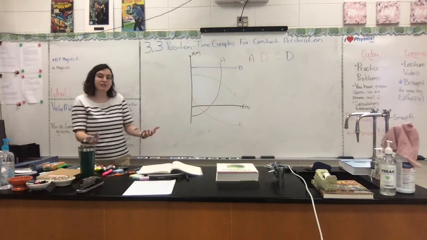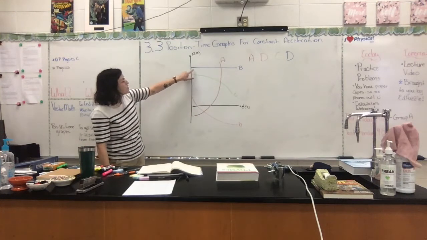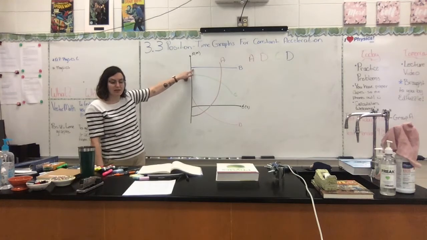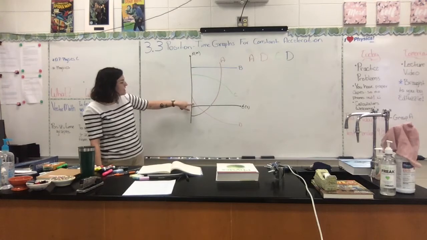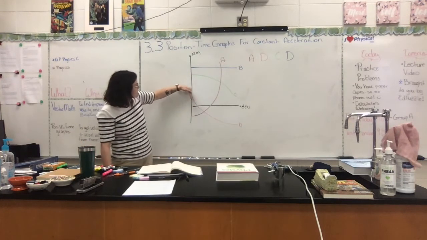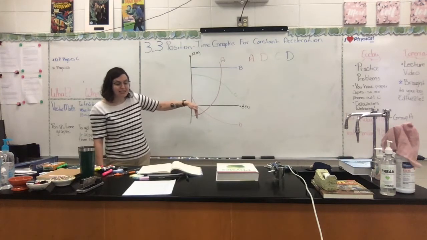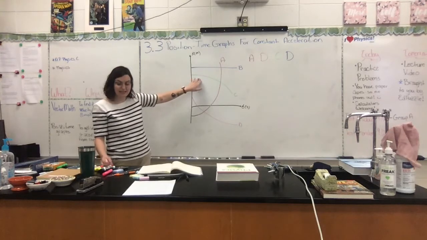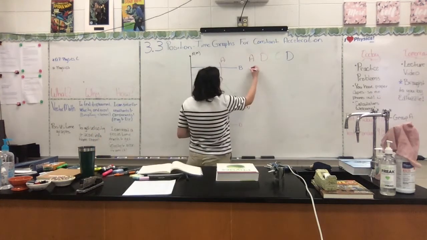And if we want the initial velocity, we want to look at this very initial slope right at the beginning, okay? So our most negative slope is going to be D. As you see, that one is sloping downwards, and it is sloping downwards much steeper than C is. So D is going to be our absolute most negative slope.